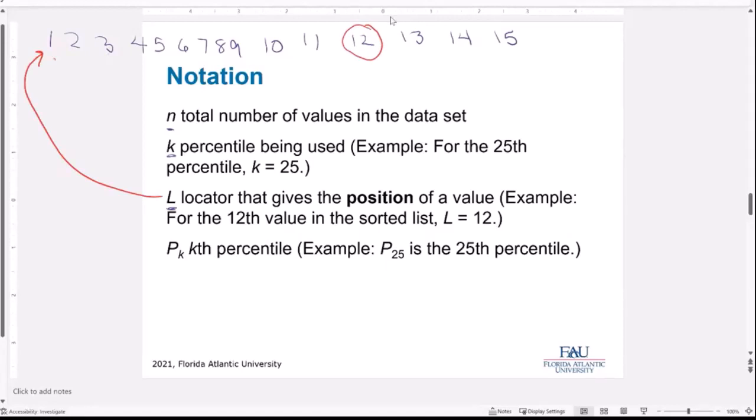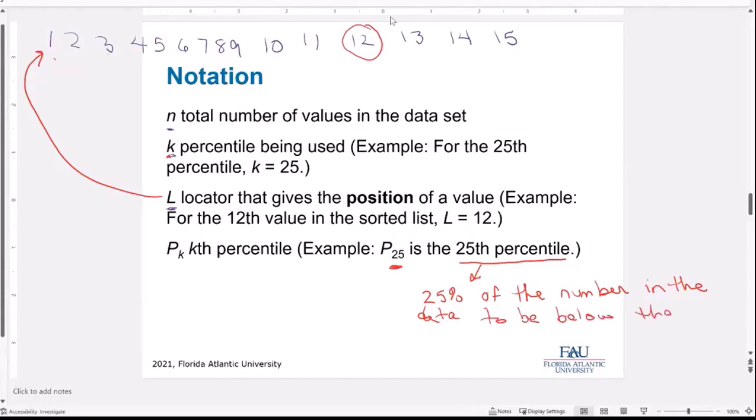And P sub k, well, we already talked about k up here, where k is the percentile. P sub 25 means I want the 25th percentile, which means I want 25% of the numbers in the data set to be below whatever the number is in the 25th percentile.